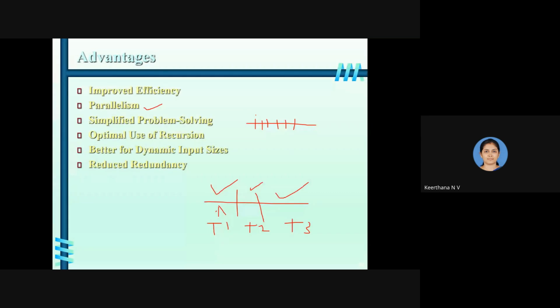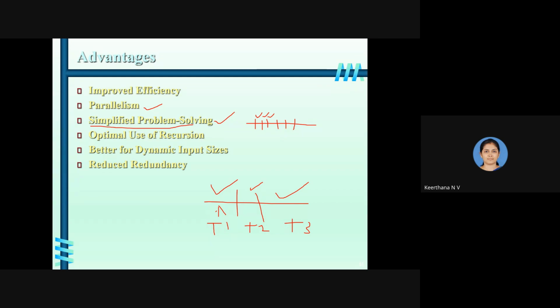Each and every chunk will be operated separately, and you will have a cleaner approach and more structured solutions for those kinds of problems. So that's why the divide and conquer method achieves simplified problem solving.